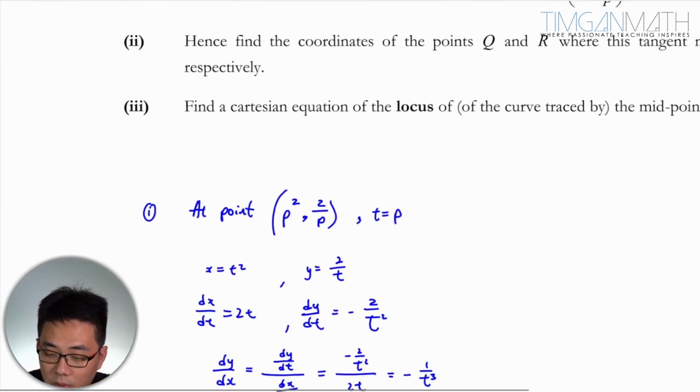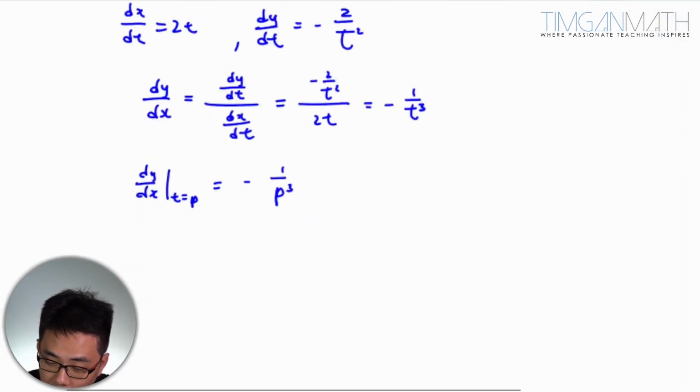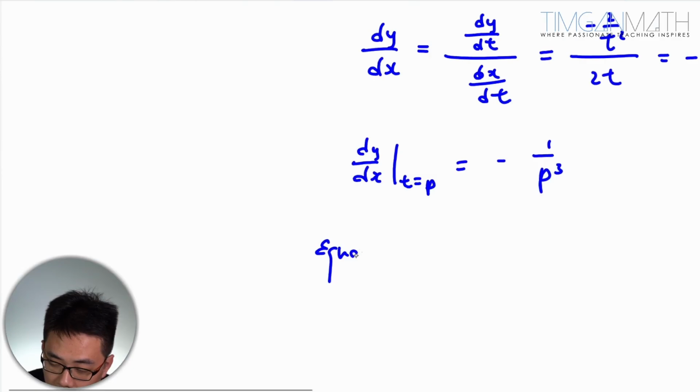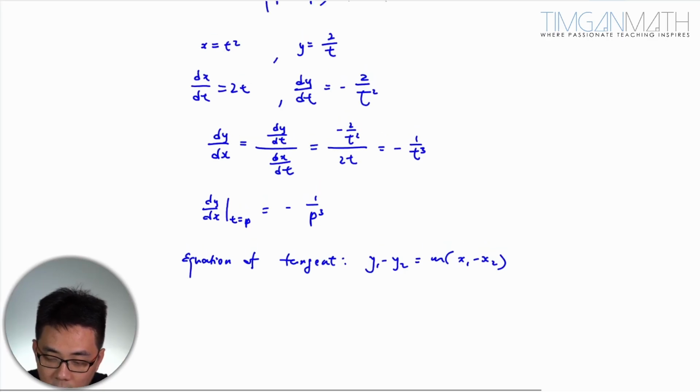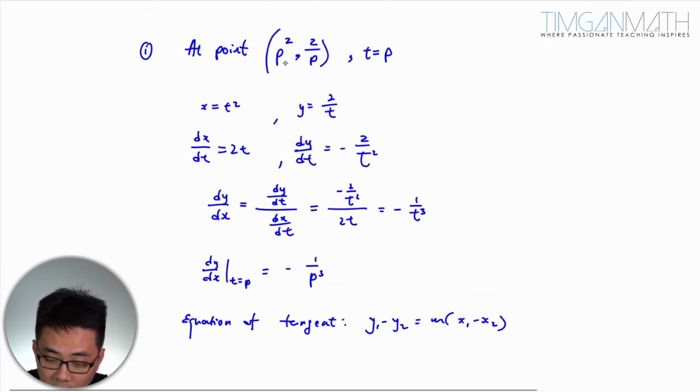Hence the equation of the tangent. I'm going to use y minus y1 equals m times x minus x1, where (x1, y1) is this point here.